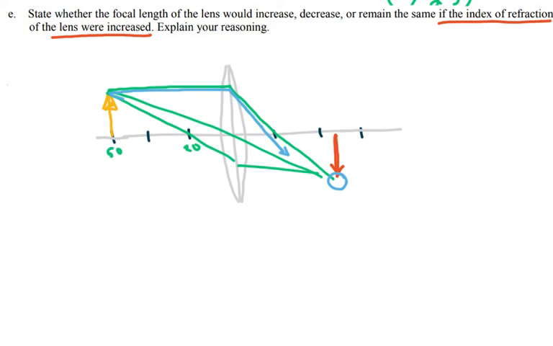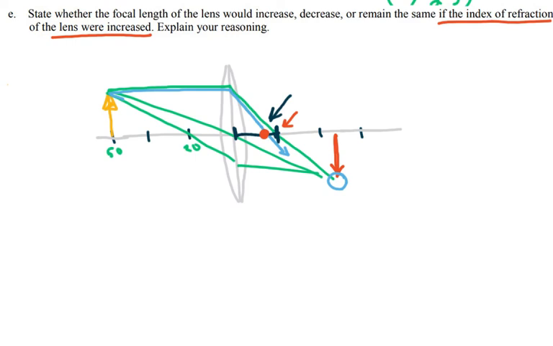So increasing the index of refraction would give me a focal length shorter than it used to be. So you see, like the blue line passes through this point versus that point. So the focal length would decrease if we increase the index of refraction. That would make the focal length closer and the image appear smaller as well.